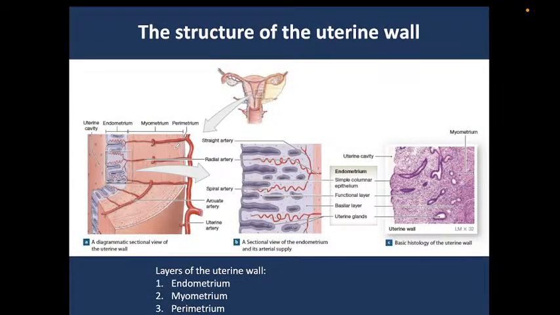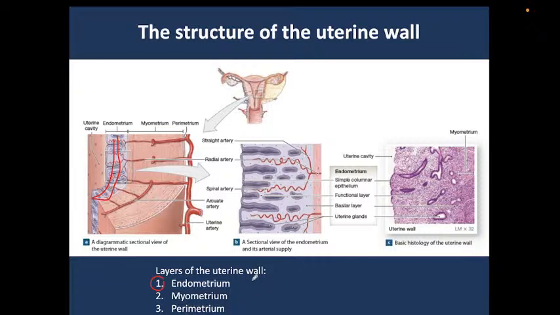Next, I'd like to show you the structure of the uterine wall, and we distinguish 3 layers. Number 1 is located inside. This is the blue part of this picture, called endometrium.